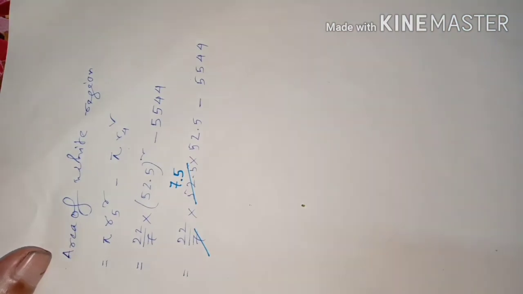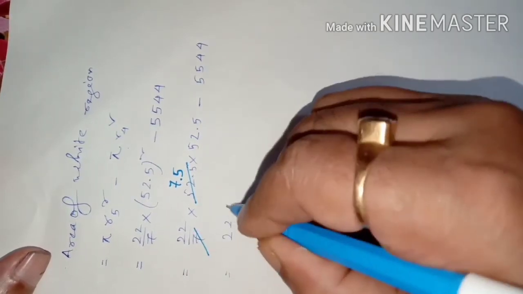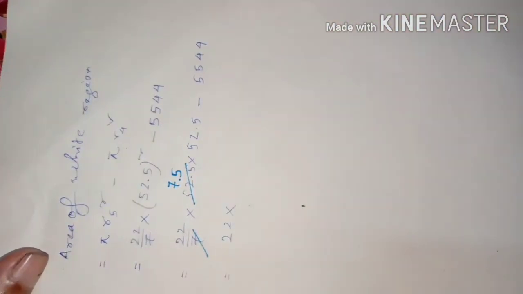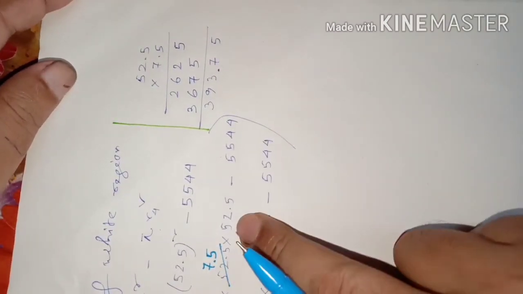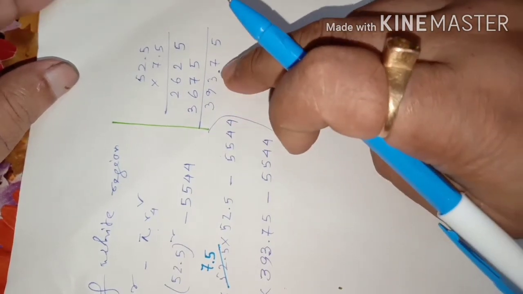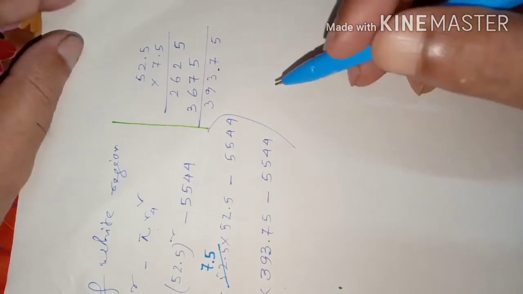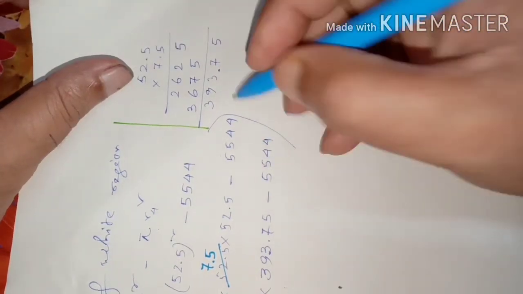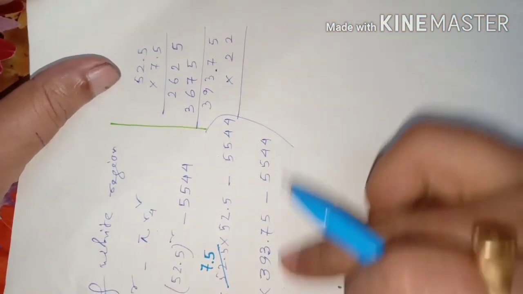So now multiply these two numbers. Later on you can multiply 22 with that. 22 into 7.5 and 52.5. Dear students, 7.5 and 52.5, if we multiply, the product is 393.75. You can check the product. Please do it by yourself once again. Then multiply 22 here, and from that product you have to subtract this number.